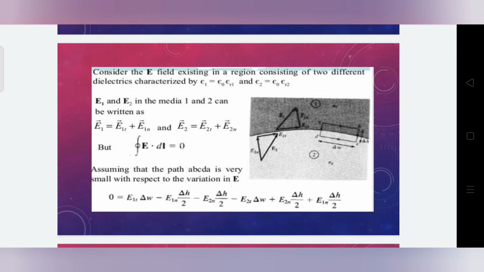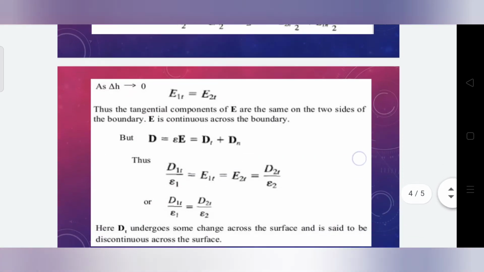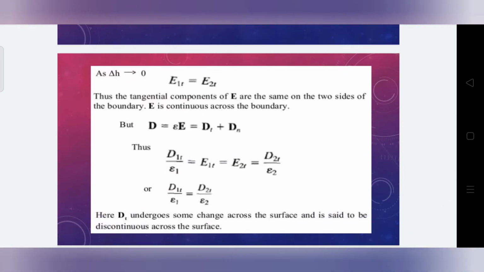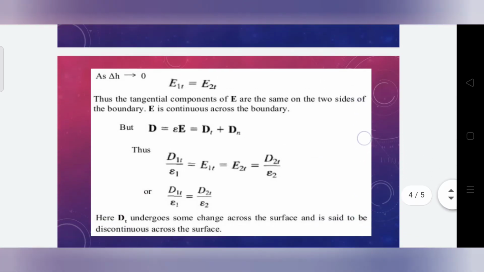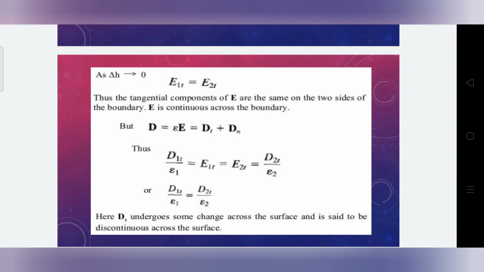But the integral of E dot dl is equal to 0 according to Maxwell's equation, assuming that the path ABCDA is very small with respect to the variation in E. So the Maxwell equation becomes the line integral equal to 0, as delta h tends to 0 because of the small separation, so that E1t is equal to E2t. Thus, the tangential components of electric field intensity are the same on two sides of the boundary. E is continuous across the boundary.